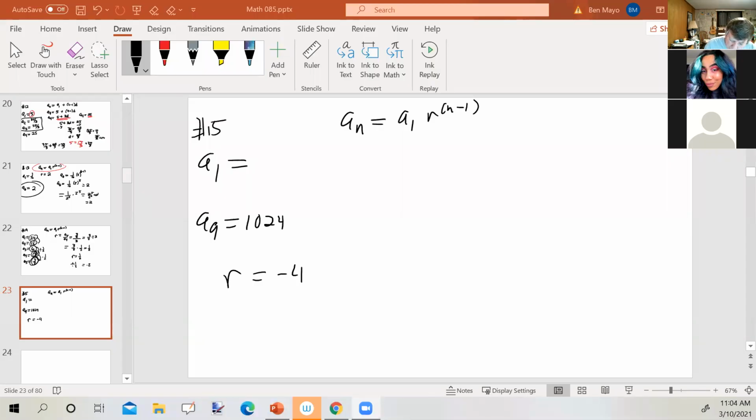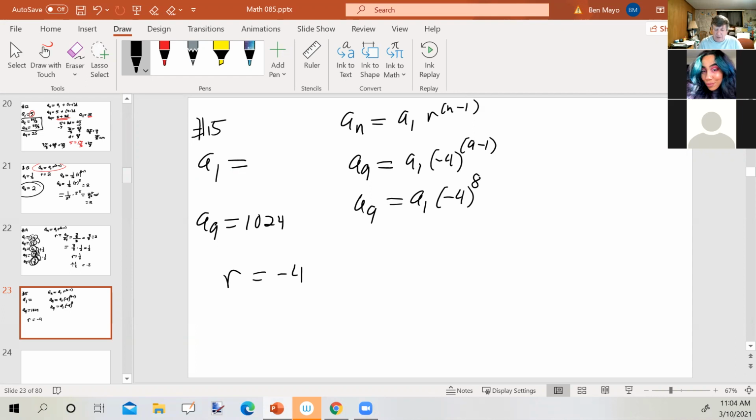Well, we know that a sub 9 equals a sub 1 times r to the 9 minus 1 power, which is a sub 1 times -4 to the 8th power. So a sub 9 equals a sub 1 times -4 to the 8th power.